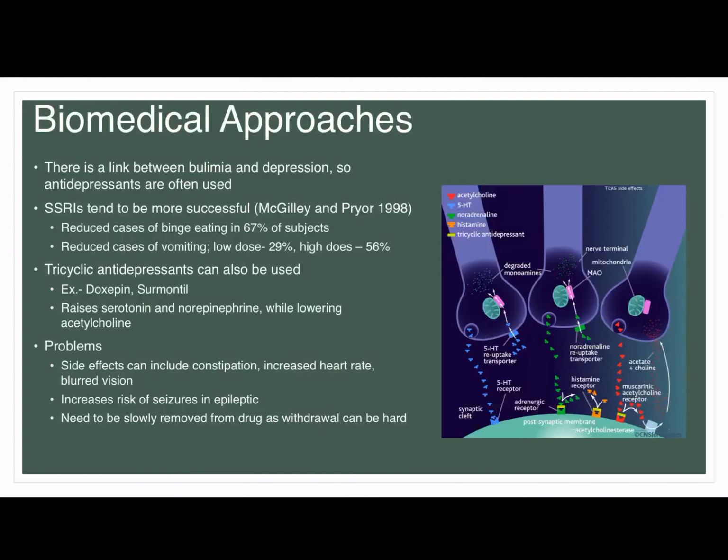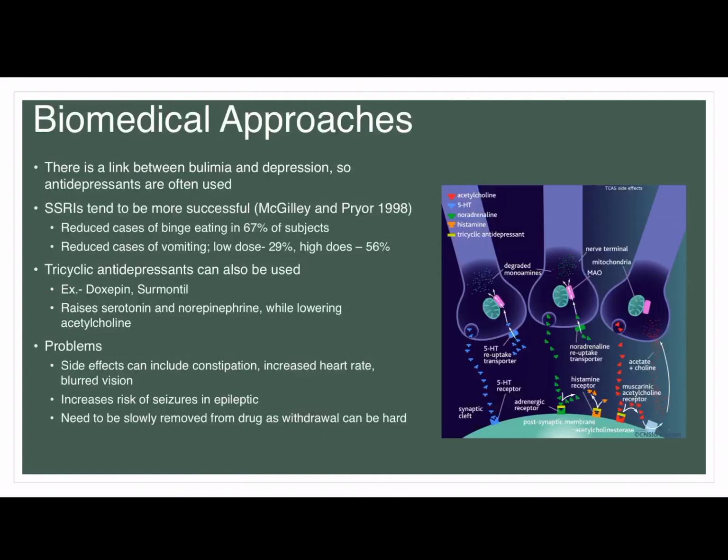There are some problems with tricyclics, and they aren't as effective as SSRIs. They could influence higher rates of constipation, increased heart rate, and blurred vision. They increase seizures, especially if the patient already has epilepsy, so definitely don't take that.